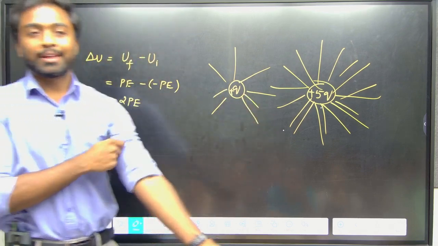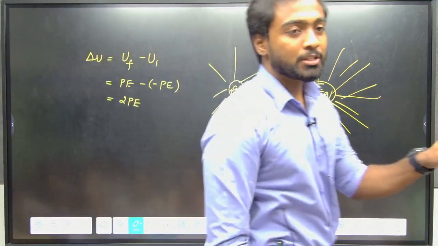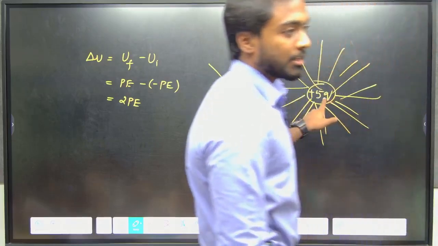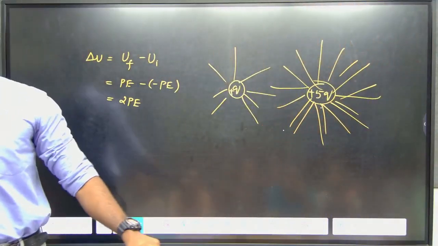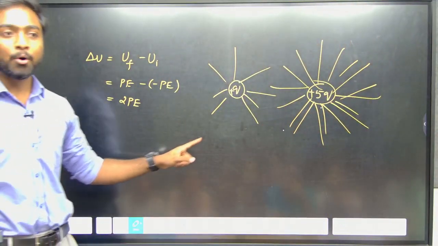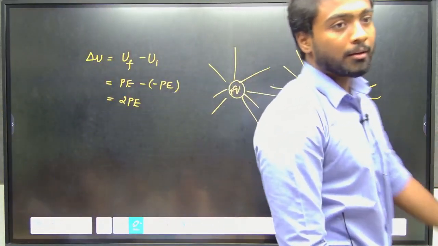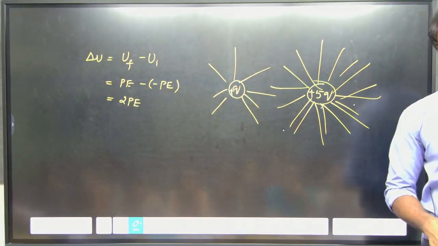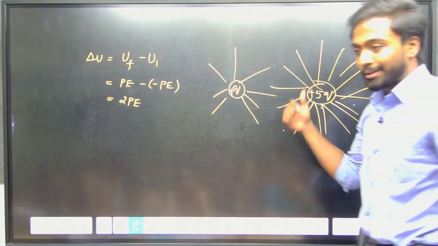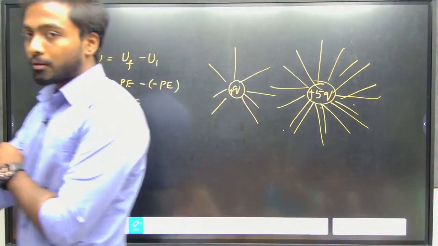So the number of electric field lines is directly proportional to the magnitude of the charge. The charge with more magnitude will produce more electric field lines, and the intensity also will be more for plus five q. Okay, if you want, you can take down the diagram and we can go for the next point.